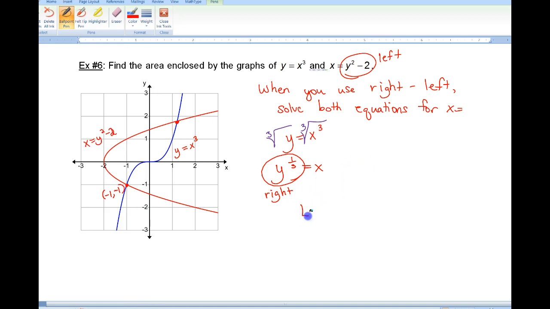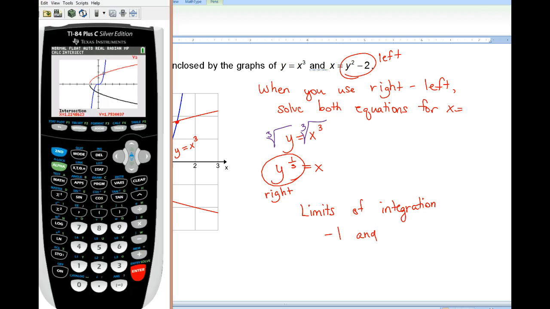What are the limits of integration? They're -1, and I want the y coordinate. I was looking at the x coordinate. Remember, if I'm doing right minus left, everything has to be in terms of y, including the limits of integration. So I have to look at the y coordinates. So I'm looking at this number, 1.793.